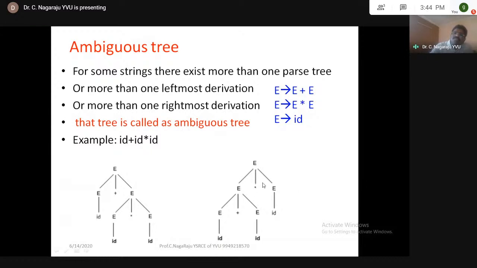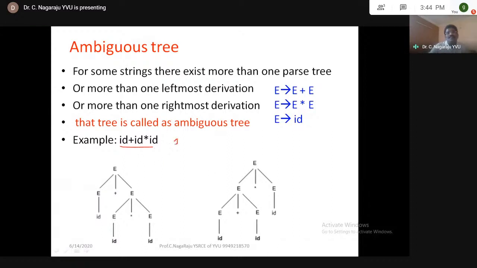This is the rightmost derivation: first replacing the rightmost E, then the next rightmost E, and the next. So for the same grammar and the same given input string, we got two trees.